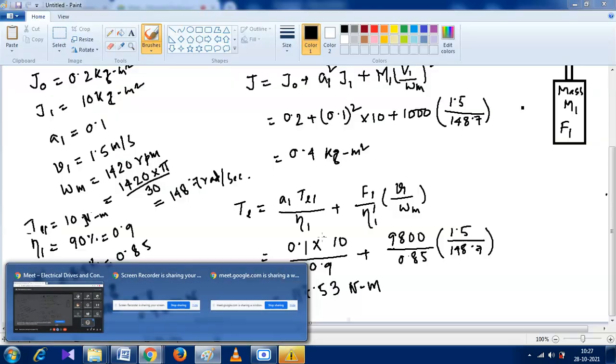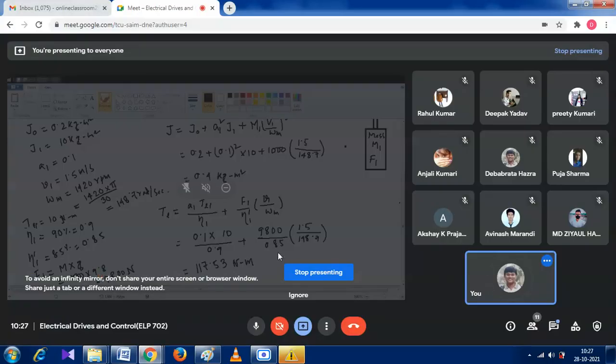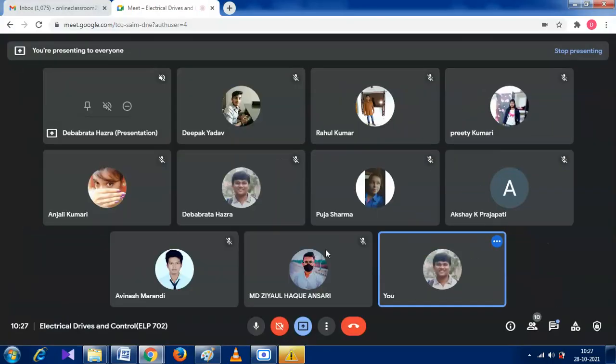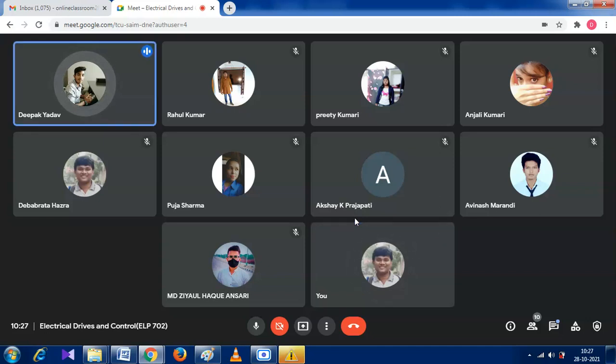We have calculated the equivalent equation of load with translation motion, and the equivalent equation of load with translation and rotational motion.